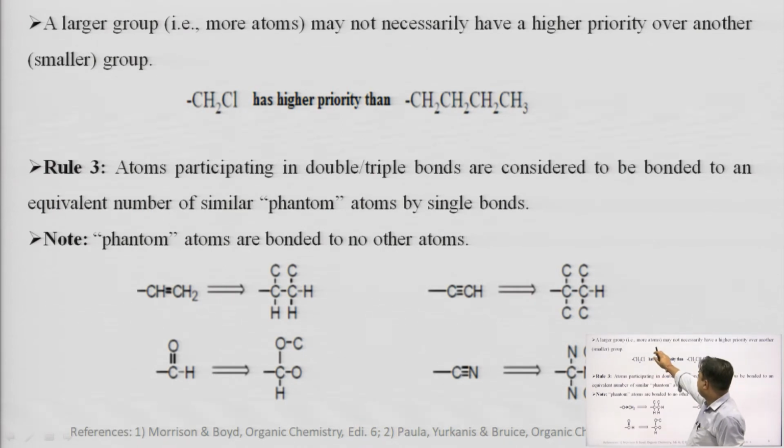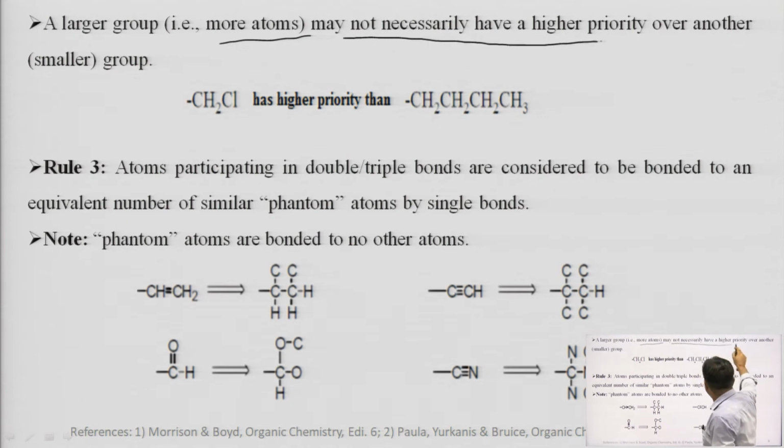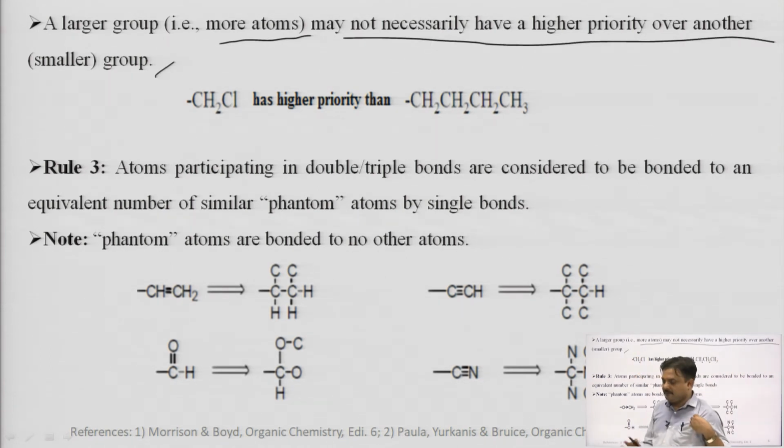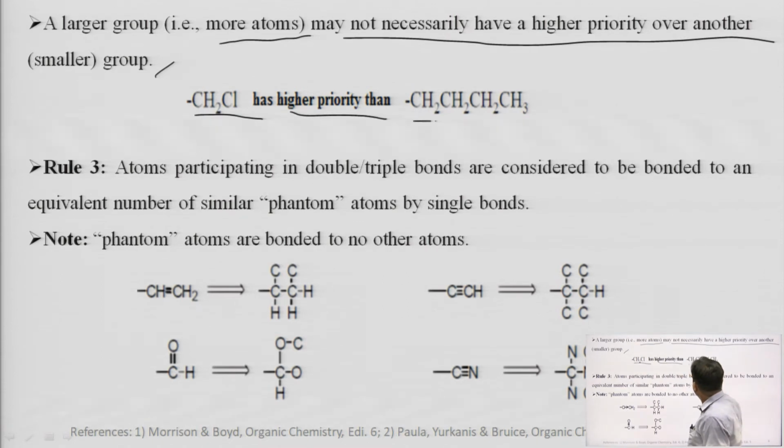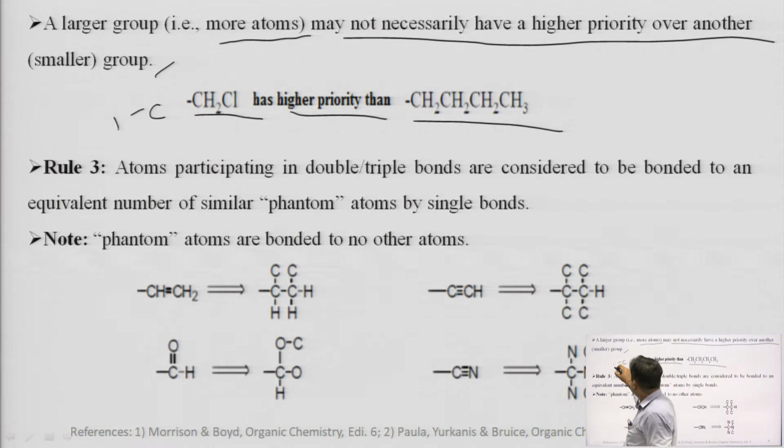A larger group, meaning the group with more atoms, may not necessarily have higher priority over a smaller group. It is the simplest thing to understand: CH2Cl has higher priority than this, because here the carbon is attached with 2 hydrogens and 1 chlorine.